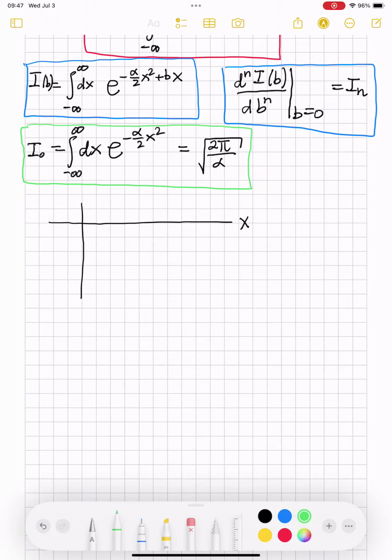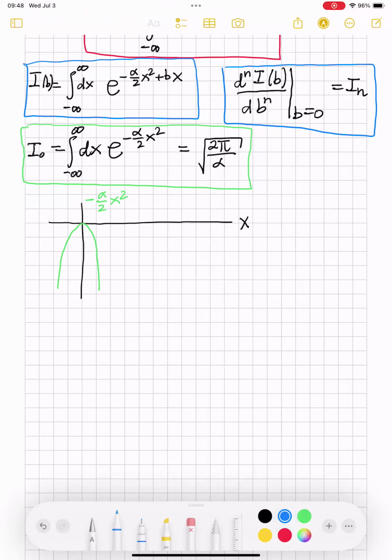The first thing that I will consider is minus alpha over 2 x squared. What is this? This is just a parabola. And that's always a negative value, except at 0, where it's equal to 0. So we get a parabola that looks like this. And that should be symmetric about the vertical axis, just a normal parabola.